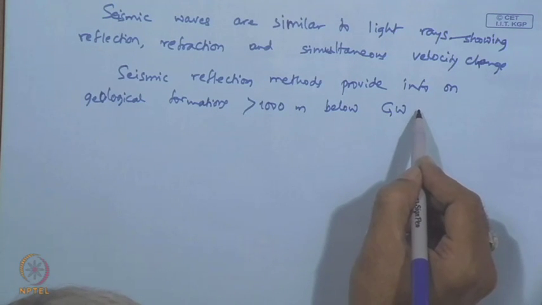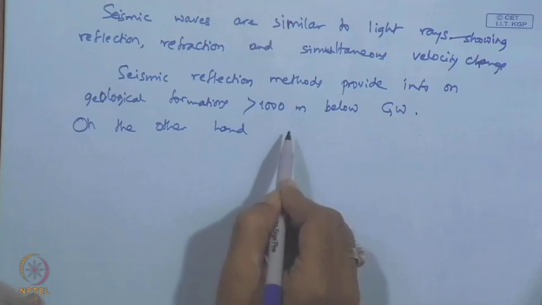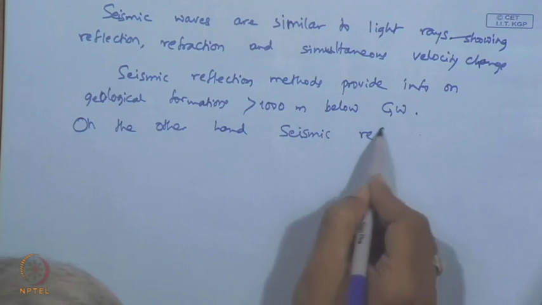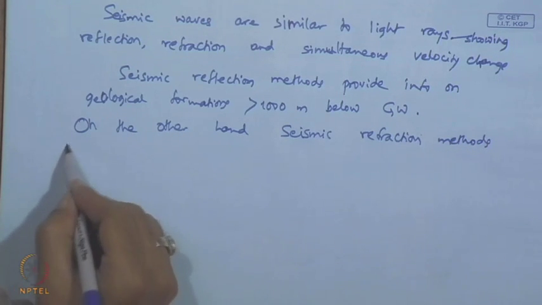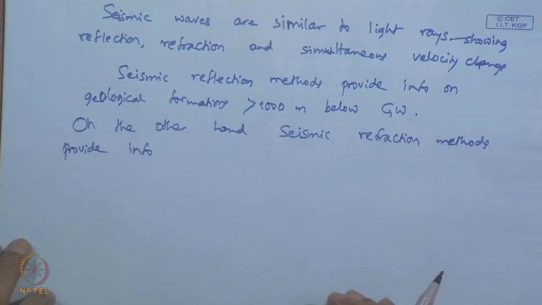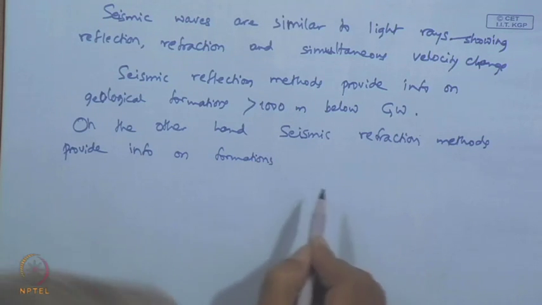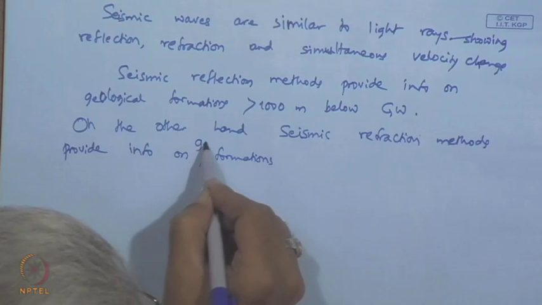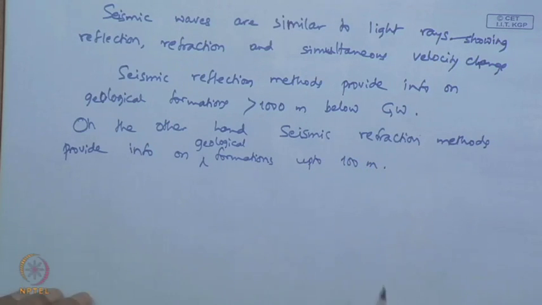On the other hand, seismic refraction methods provide information on geological formations, say up to 100 meters, and the characteristic seismic velocities.